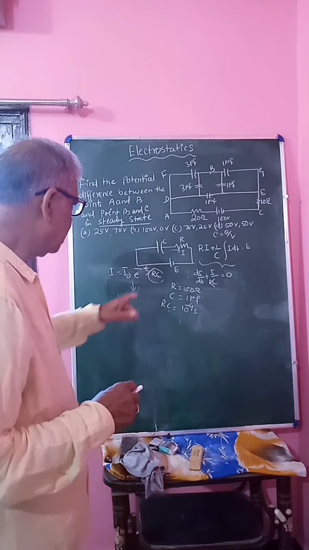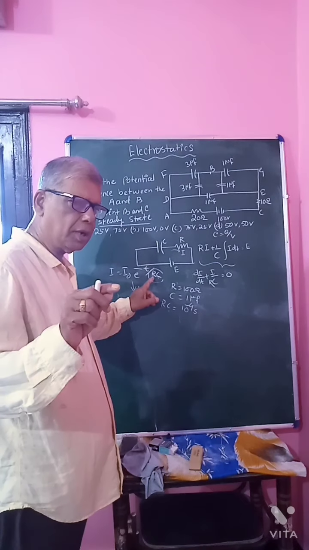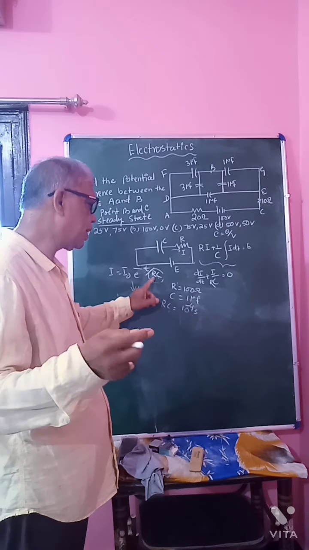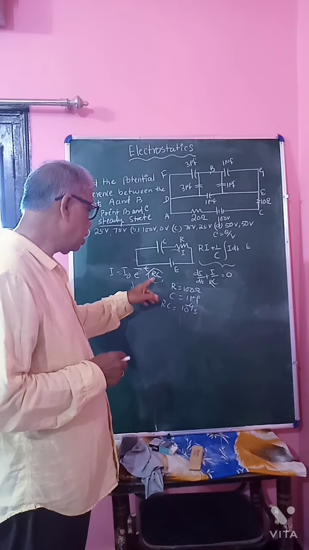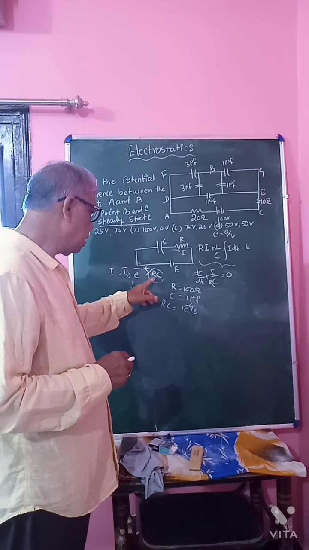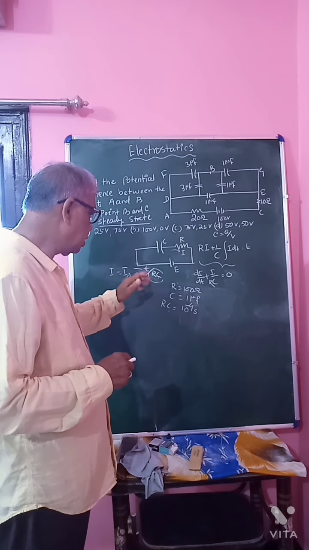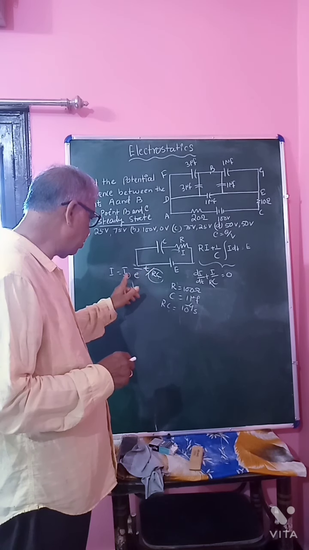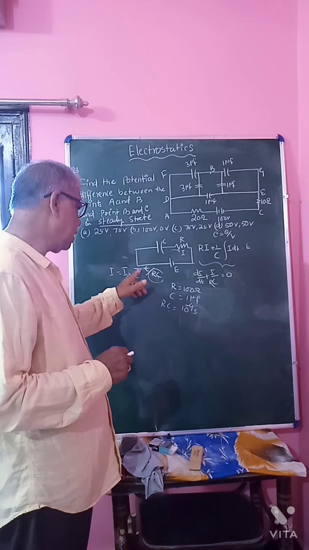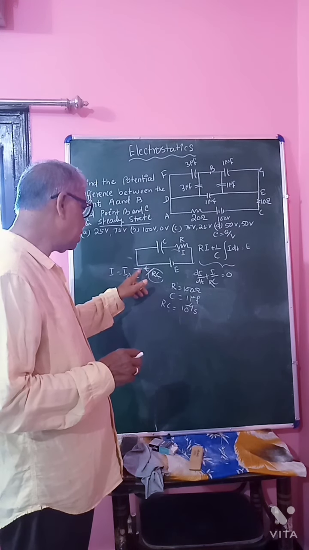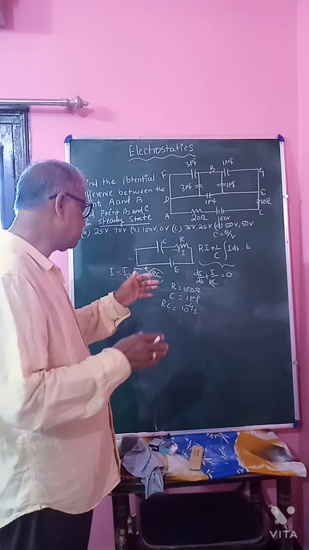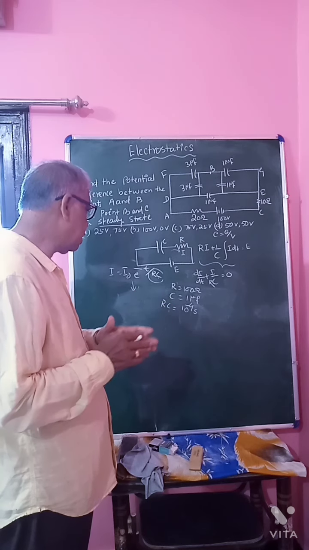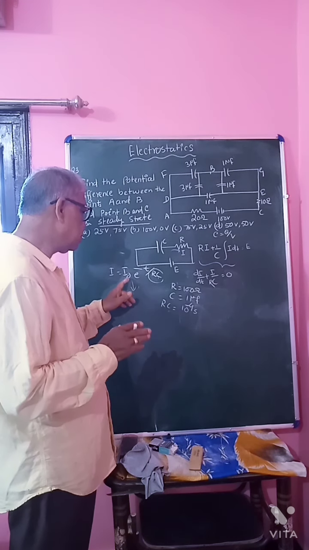If you take a time, say 10 to the power minus 4 seconds after connecting the battery or source of EMF, in this time, if you put t equal to RC, it becomes I equals I0 e to the power minus 1. Nearly, the current has fallen to around 37% of its maximum charging current.